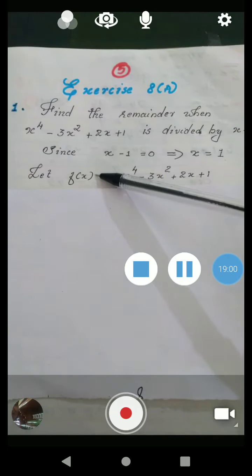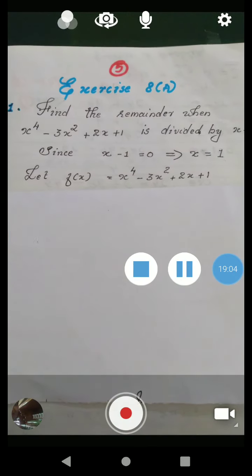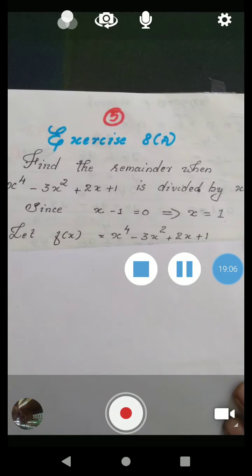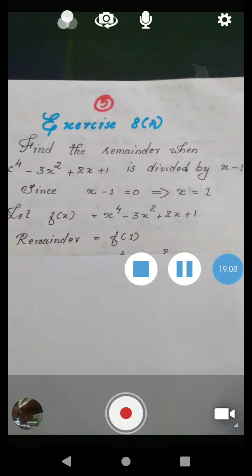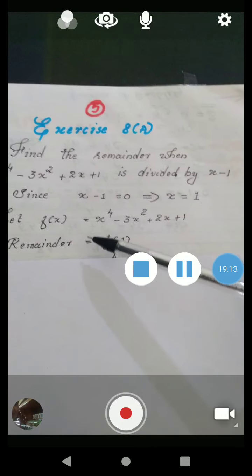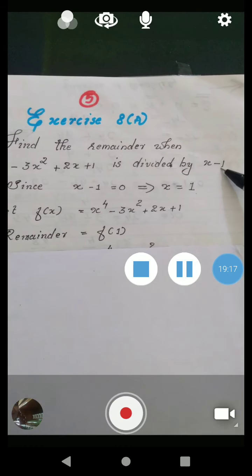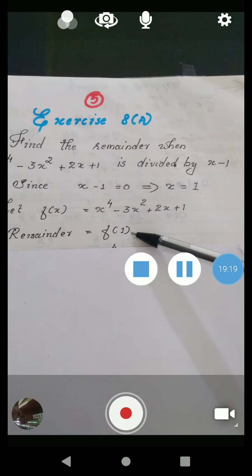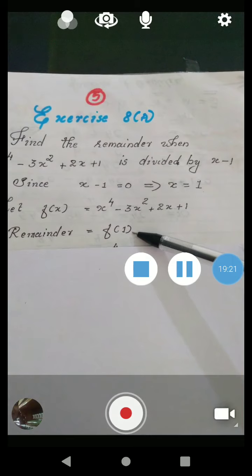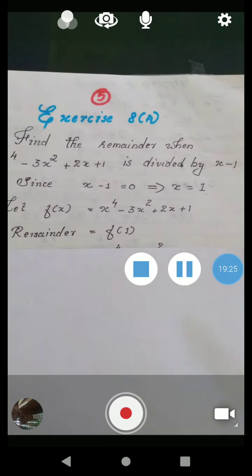Let it be f(x). We can write f(x) is equal to the given expression. Now, we know by remainder theorem, when this expression is divided by x minus 1, the remainder is f(1). So, instead of x, you can substitute 1, you will get the remainder.